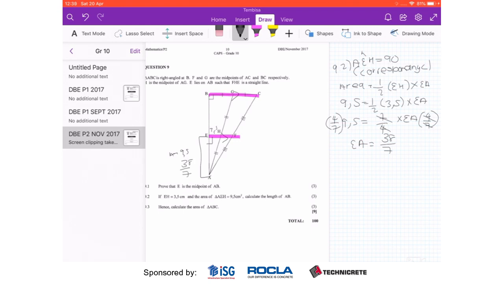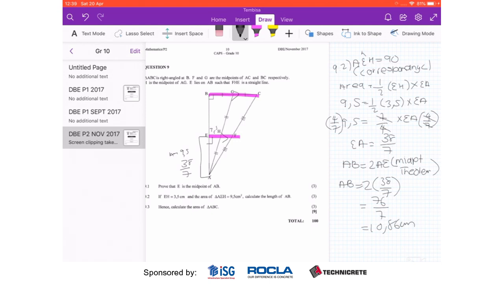And because of midpoint theorem, I know that AB is equal to 2 times AE. Midpoint theorem. Therefore, AB is equal to 2 of 38 over 7. And my answer, now I can round off, but it's 76 over 7 is equal to 10.86 centimeters.